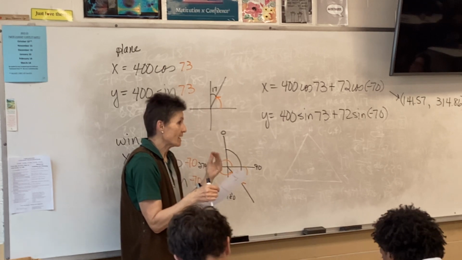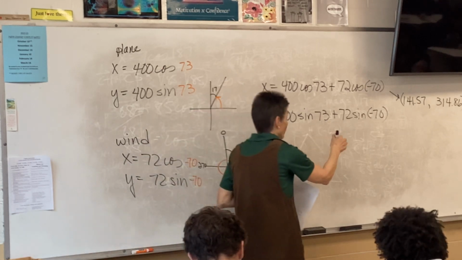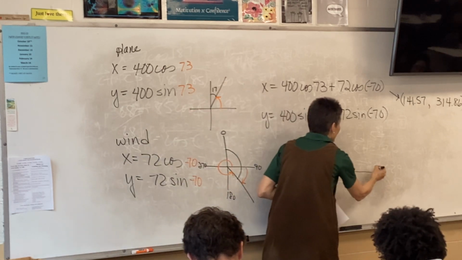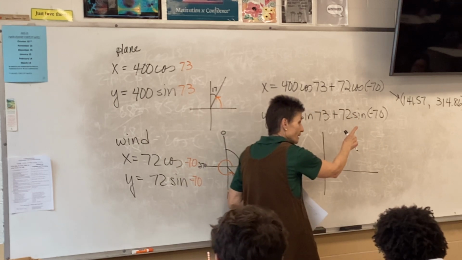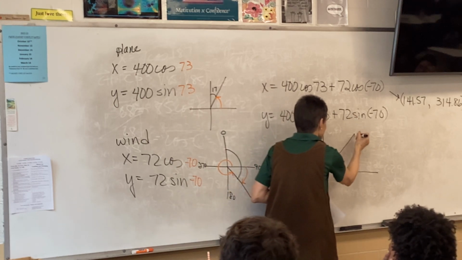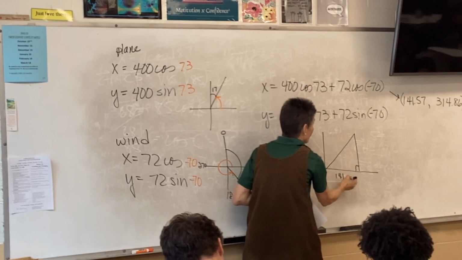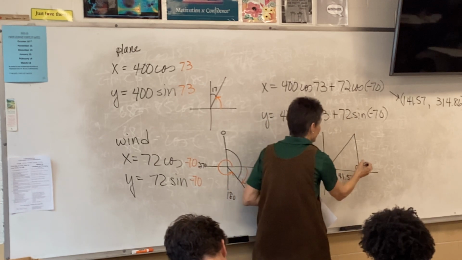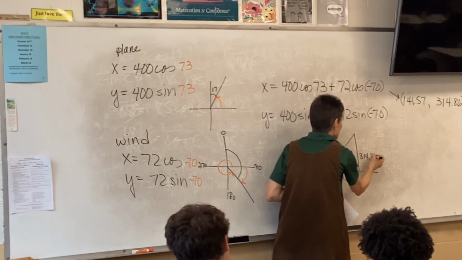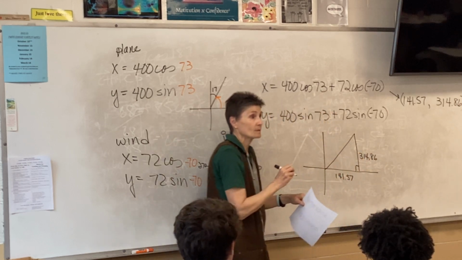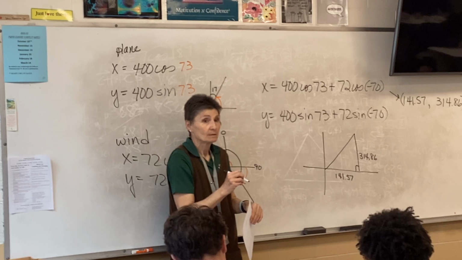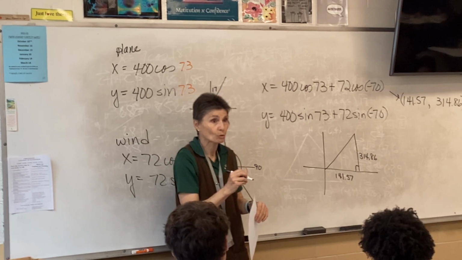I haven't done that yet. What have I found? I have found the coordinates of the resultant vector. The resultant vector is over 141.57 up 314.86. You see what I'm saying, guys? I haven't answered the question yet.